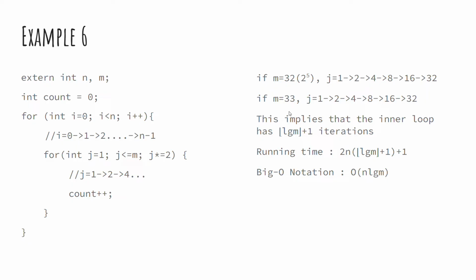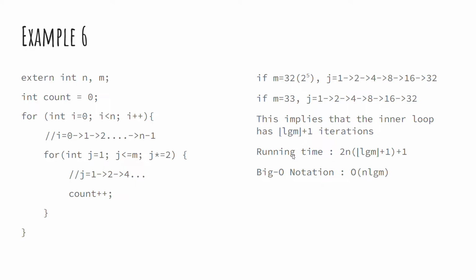Once you start observing that the number of iterations when m equals 32 is the same as when m equals 33, you'll realize that it's equal to the floor function of log m plus 1.